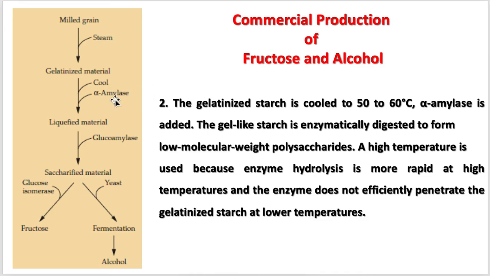So 50 to 60 degrees is a good temperature, and this temperature is important because otherwise the effectiveness of the enzyme goes down. The enzymes cannot efficiently penetrate the gelatinized material, and if they cannot penetrate it, they will not be able to hydrolyze it and turn it into low molecular weight polysaccharides. That means liquefy them.